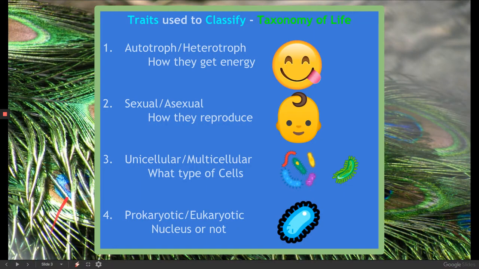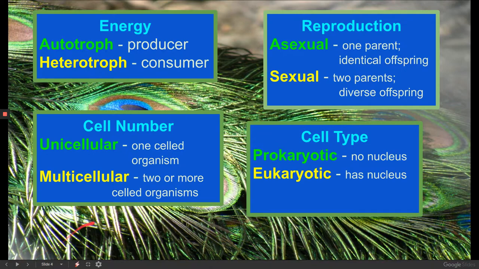Just to review, there are some traits that we use to help us classify into domains and further into kingdoms: autotroph or heterotroph, sexual or asexual, multicellular or unicellular, and prokaryotic or eukaryotic. In case you have forgotten what those mean, autotroph means a producer. Heterotroph is a consumer.